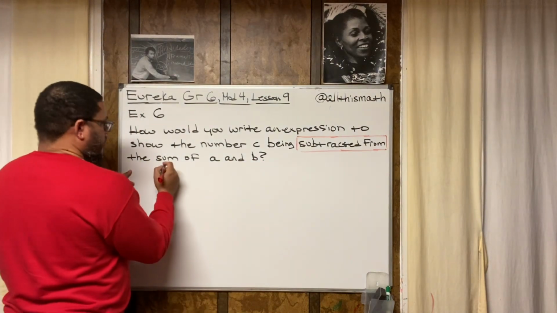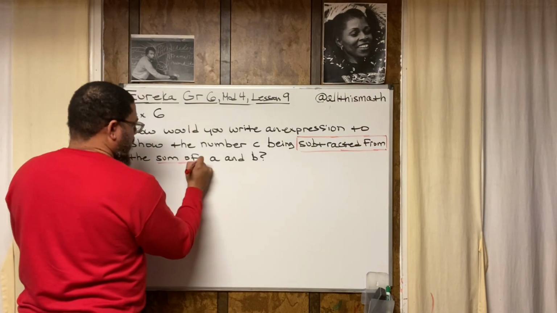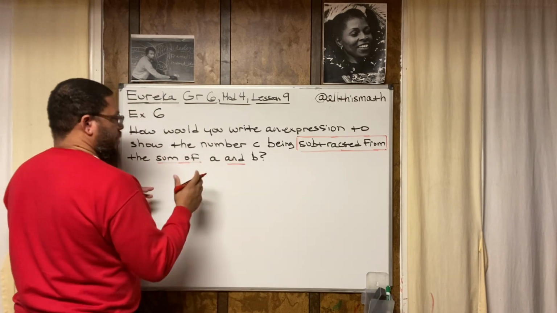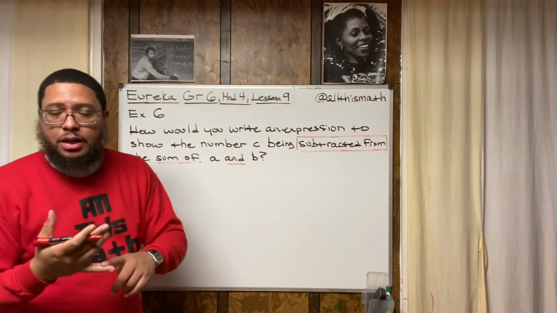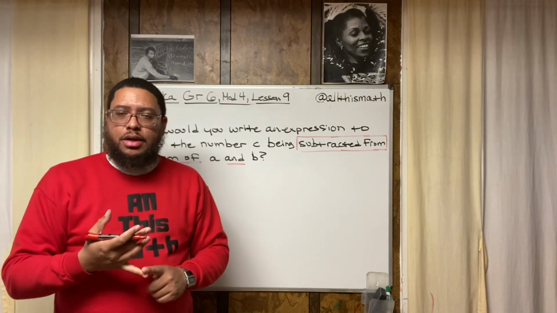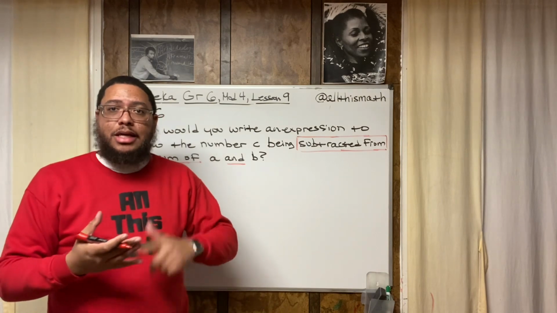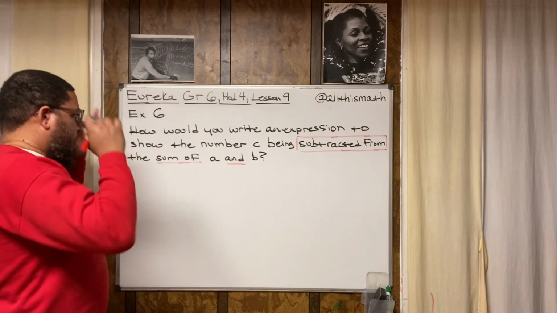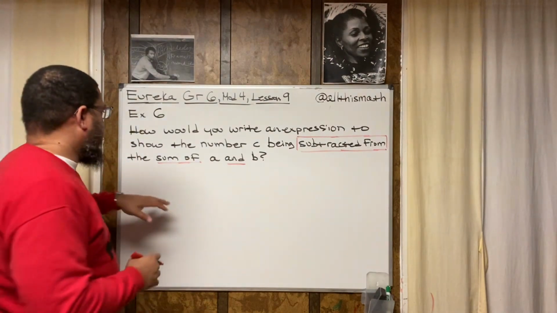All right. So let's see. The sum of A and B. Now, what does the word sum mean? The word sum means the result you get when you add things together. So what am I adding together?